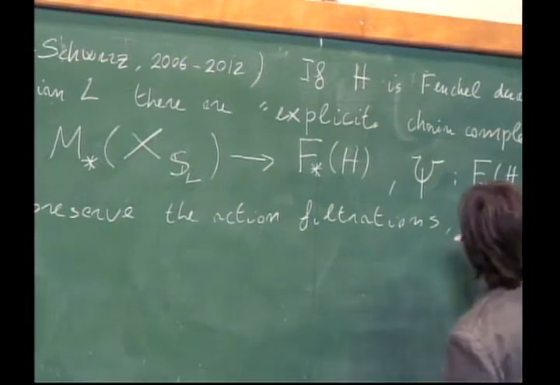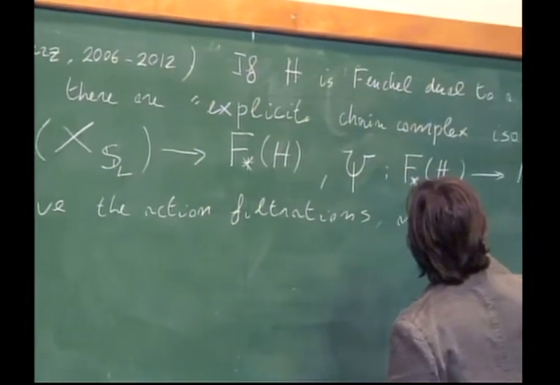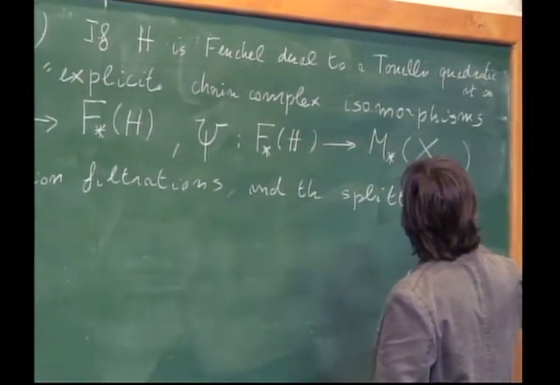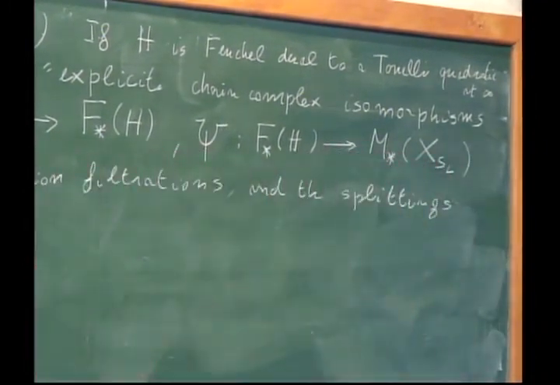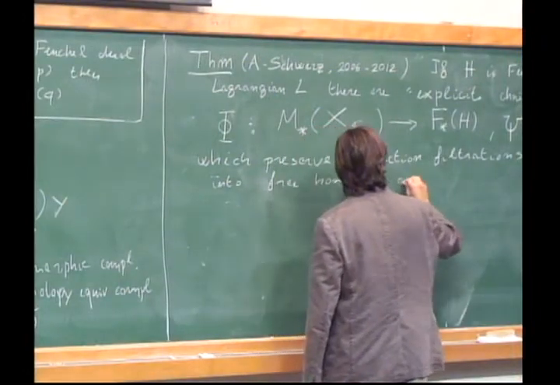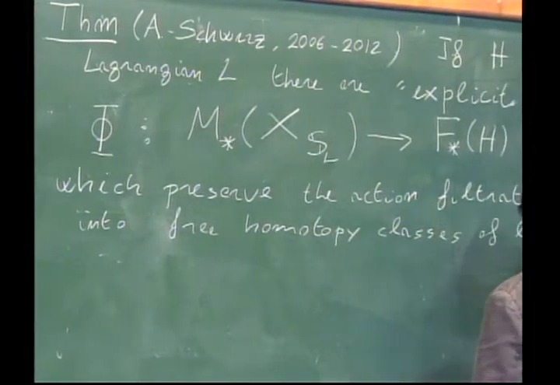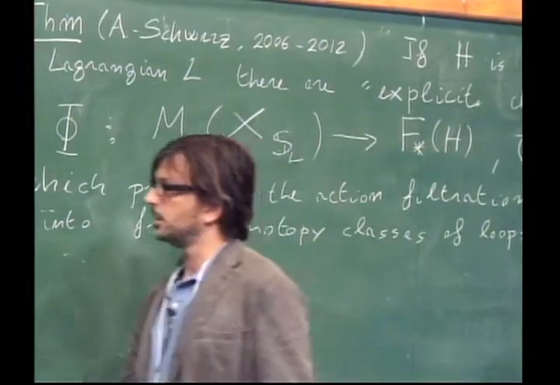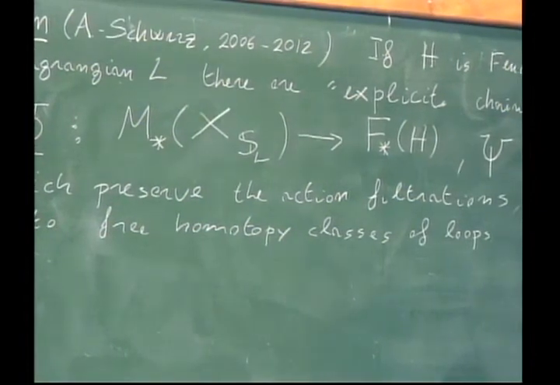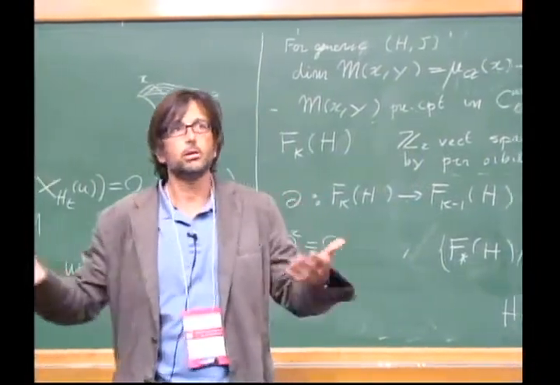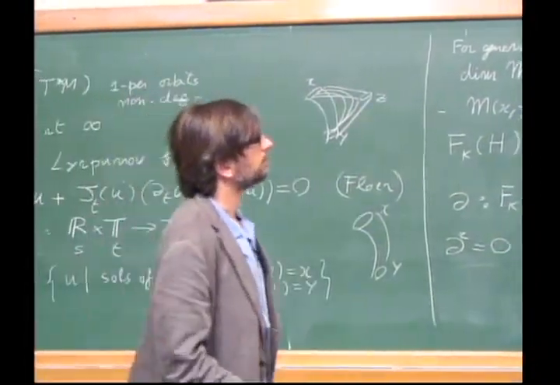And of course, they also preserve the splittings into free homotopy classes of loops. Another easy thing is that in the boundary of x, you will find only loops which are freely homotopic to x, because there must be a cylinder. So this is almost trivial.